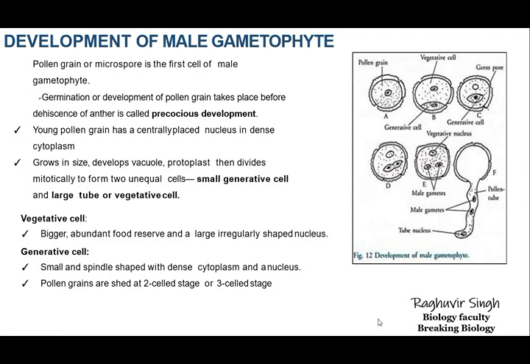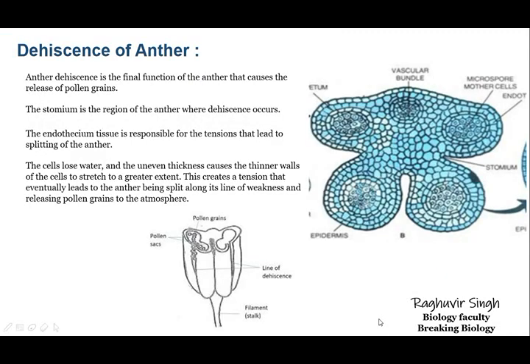So now we saw how the pollen grains are formed, what is the structure of the pollen grain, and how the male gametophyte, the male gamete, is formed. Now the main thing is that the anther must be liberated so that pollination occurs. So this is the dehiscence of anther. During the maturation of anther, various changes take place in the wall of the anther.